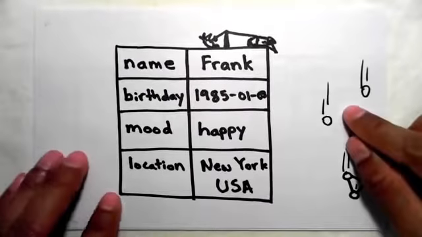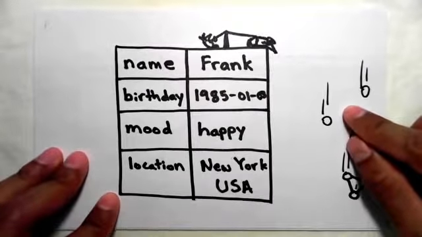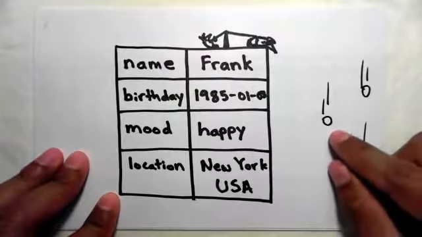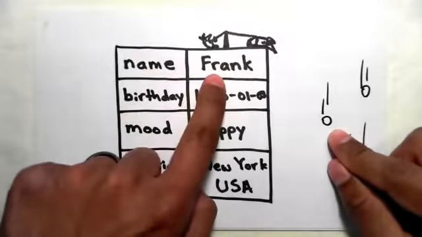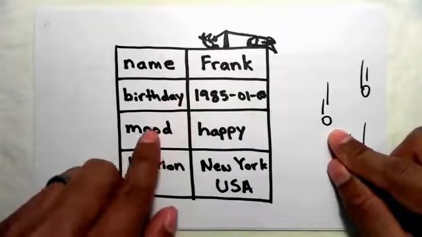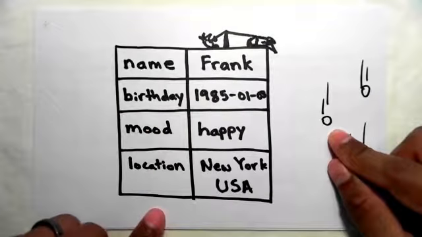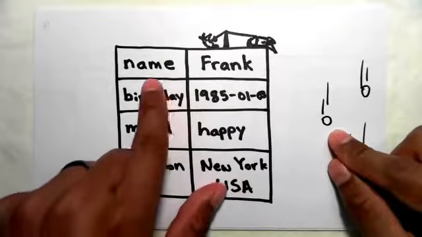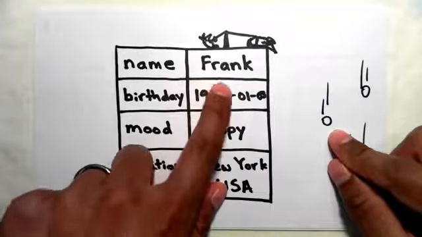The easiest way to represent data to computers is in this property value mechanism. This kind of looks like an Excel spreadsheet because that's the simplest way of representing the information to a computer. So we have properties and values. This name property has a value of Frank.